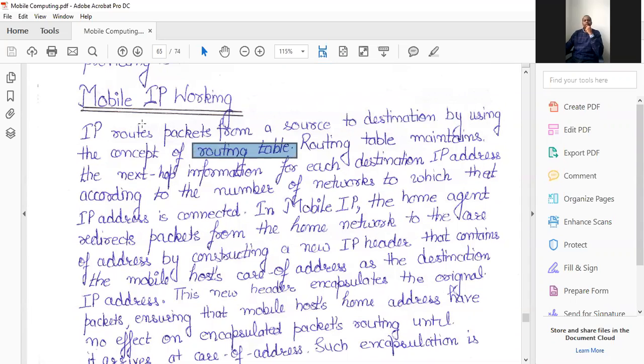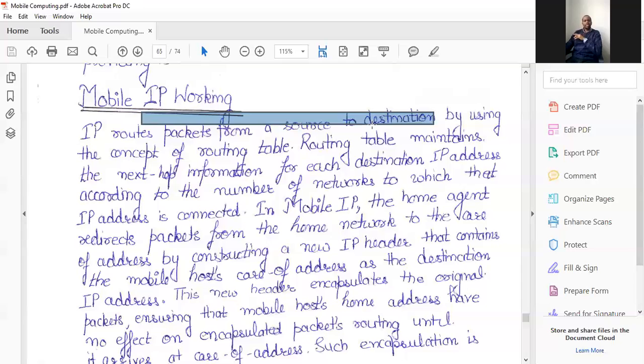A source is one mobile phone, the destination is another mobile phone, or device to device. Routing is basically determining the best possible path, determining a route. So it routes packets from a source to destination by using the concept of a routing table.